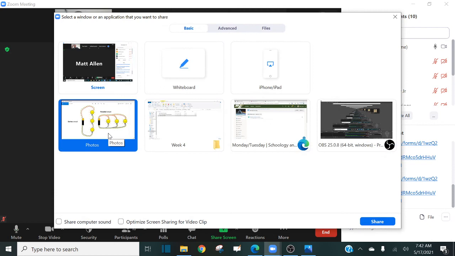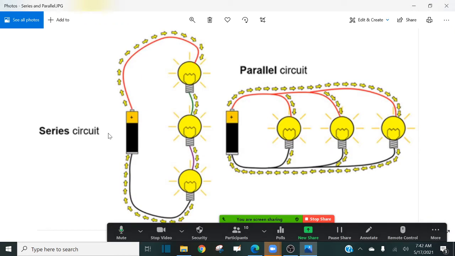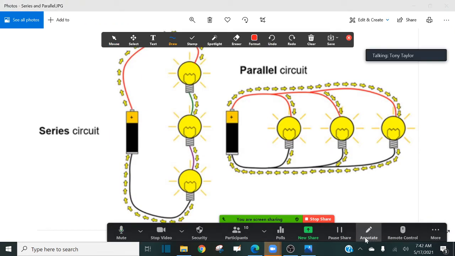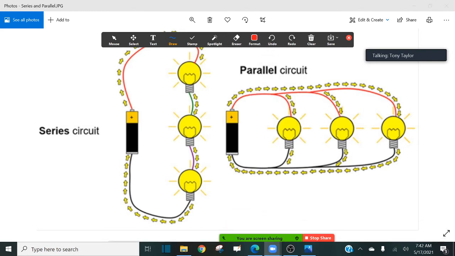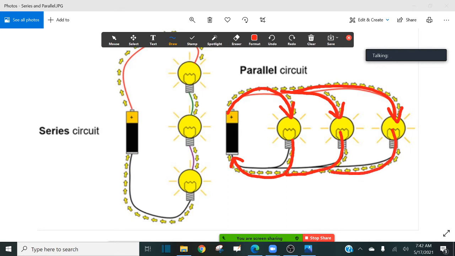Okay. So imagine we have a parallel circuit here, and there's electrical current flowing through the battery and then flowing through the light bulbs like this. So we have electricity flowing through the battery like this.